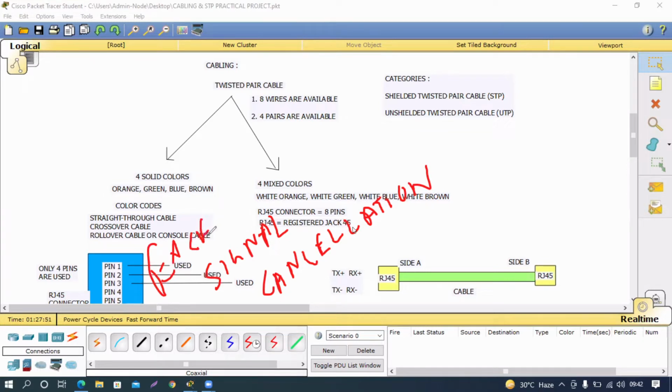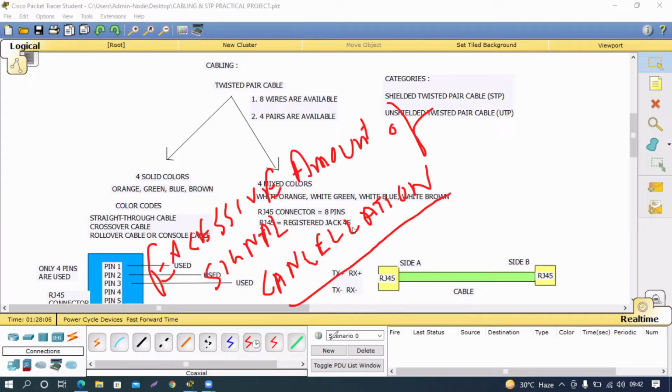Okay, so that's excessive amount of signal. The cancellation is done over here by TX minus and RX minus.